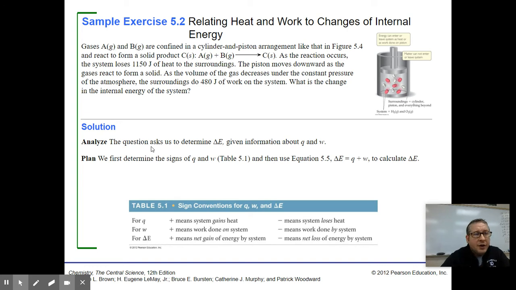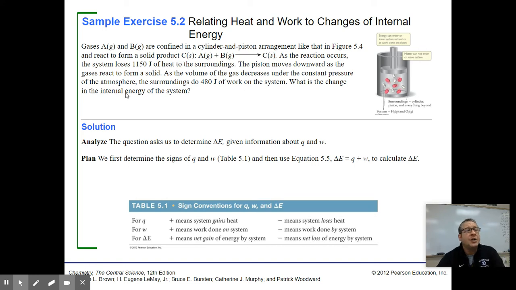Okay, let's take a look at two examples here. First, let's look at what we are given. We have gases A and B confined to a cylinder and piston arrangement like in figure 5.4, like the figure we saw in section 1's discussion. They are going to react to form a solid product C, okay?